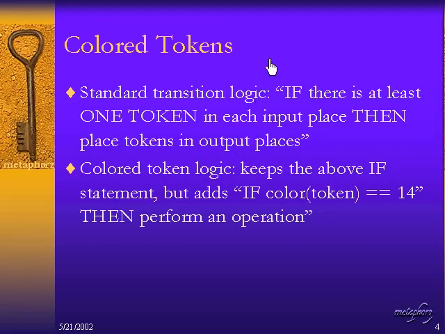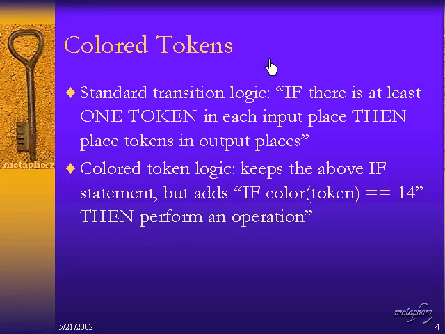So colored token logic is different than the standard transition logic, which is if there's at least one token in every input place, then place tokens in output places. This is the standard logic for Petri nets.